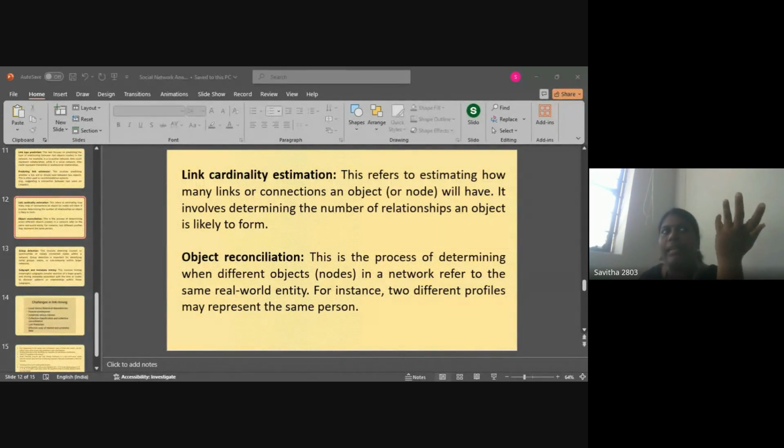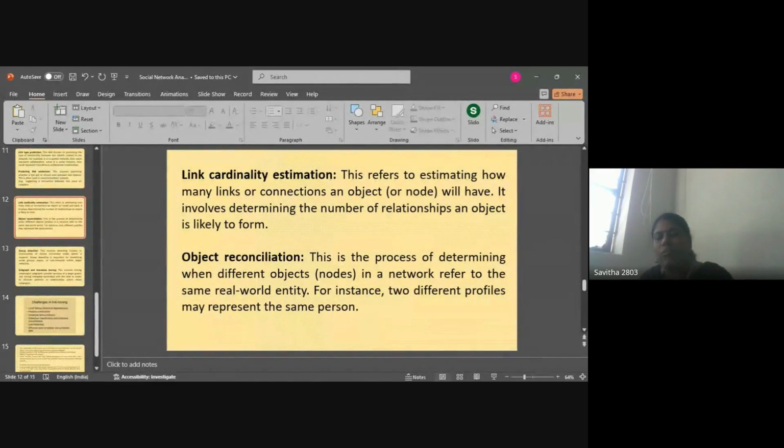For example, on LinkedIn one person has one profile, and on Twitter the same person has a different profile. The details change narrowly, but different profiles are maintained on different social network platforms. This is called object reconciliation. The same object contains multiple records or multiple instances, and by using this we can analyze the data. That is the object reconciliation concept.